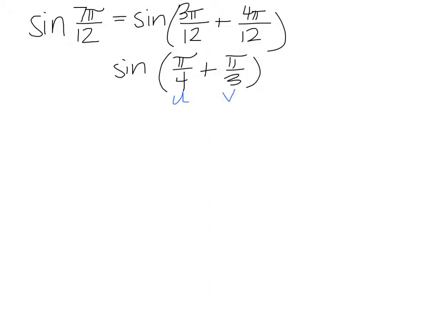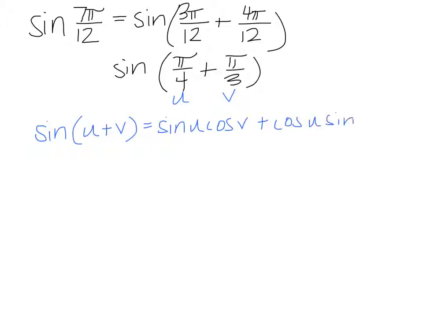I'm going to rewrite my sine formula. The sine of u plus v equals sine u cosine v plus cosine u sine v. Using that trig identity, I'm going to find the sine of pi over 4 plus pi over 3.